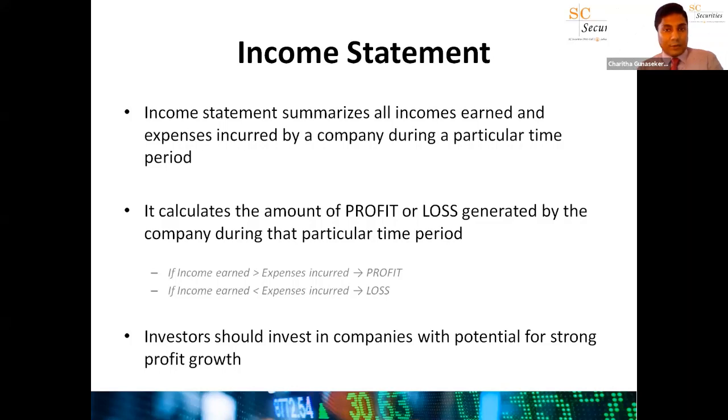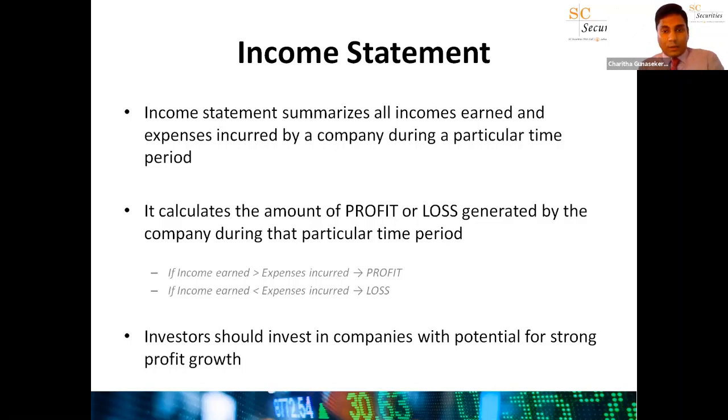If the income that you have earned is less than the expenses you have incurred, we say that the company has incurred a loss. So by looking at the income statement, you can see whether that company has incurred a profit or a loss. Profit is where they earn more income than the expenses. Loss is where they have earned less income than the expenses.